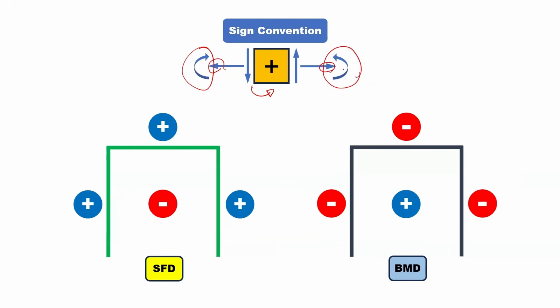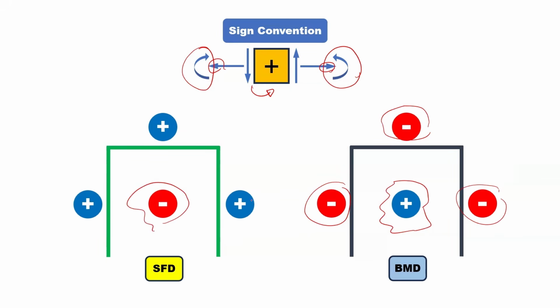And for bending moment diagram, sagging moments are drawn inside the frame, and hogging moments or negative moments or anti-clockwise moments are drawn outside the frame. Reverse is the case for shear force diagram, when we will draw the negative forces inside and positive forces outside. Remember that anti-clockwise shear forces are positive.